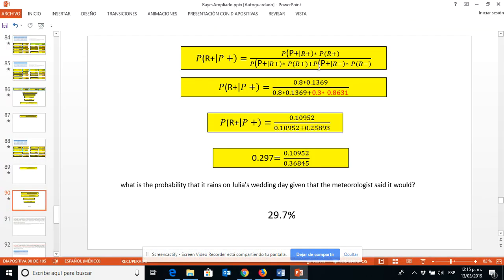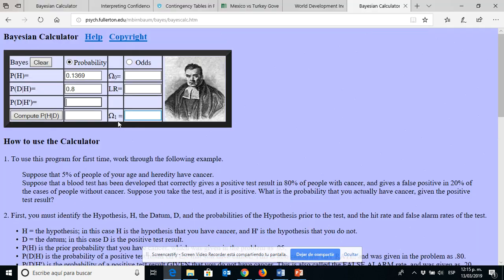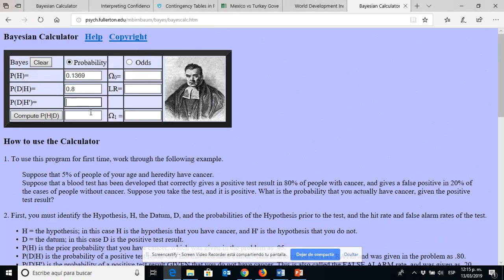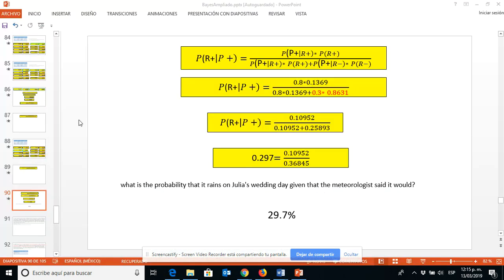And the probability of P plus given R minus, which is this one, the probability of D given H prime, is 0.3. We compute and we come to the same result, 0.297, as we calculated manually.